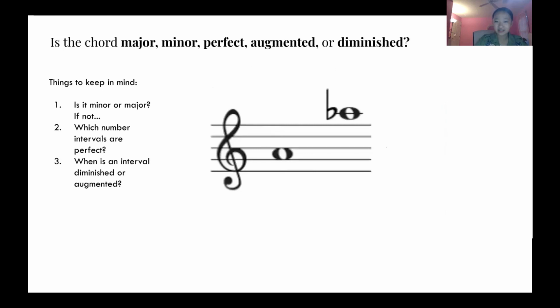Okay. This one kind of relates to the last one a bit. Remember to figure out the number first and then think about the quality. Perfect minor? So what would we call that?